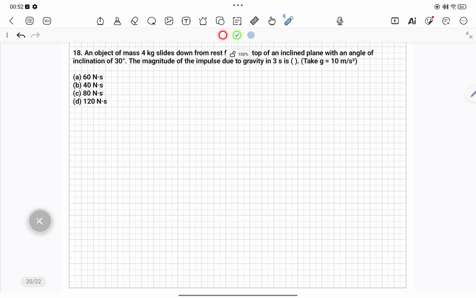Question number 18. An object of mass 4 kg slides from rest from the top of an inclined plane with the angle of inclination 30°. The magnitude of impulse due to gravity in 3 seconds is. So we can draw the diagram. Angle of inclination is given as 30°.